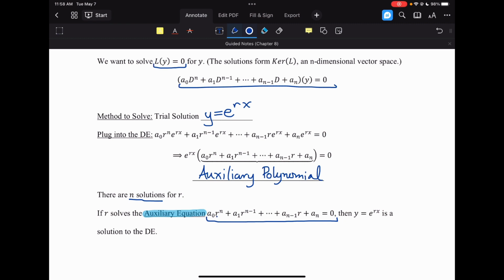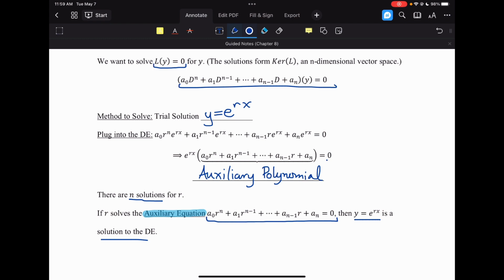Any values of r that solve this equation provide a solution to the differential equation. So again, we had the differential equation. We take a trial solution that's provided to us. We test it in the differential equation.